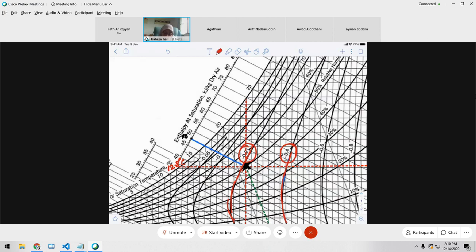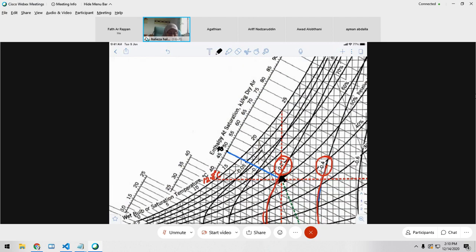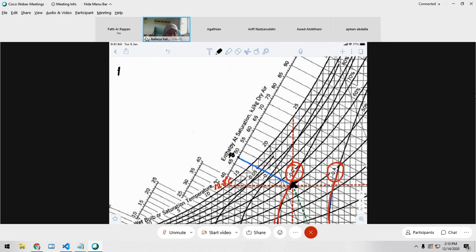You can estimate it could be 0.22, maybe 0.24, but I don't see a significant difference if you get it so exact. It's just a rough estimation. So your enthalpy for that point of interest is the saturated value 48 minus 0.2, your enthalpy deviation.